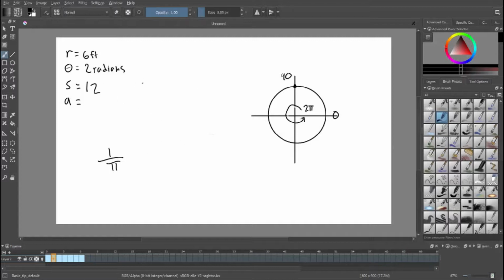So this time, instead of finding the circumference, we find the area. So we just use pi r squared. Once we plug our numbers in, it becomes 6 squared. All we have to do is again just multiply it by the ratio.